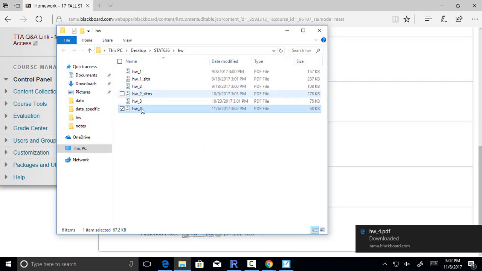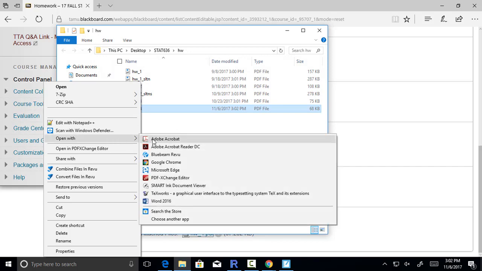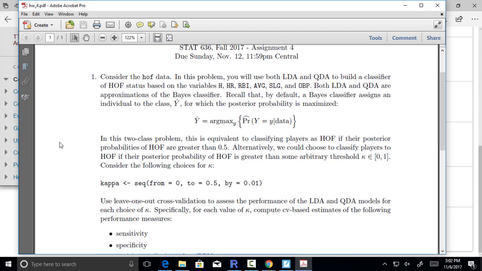So let me introduce you to the new assignment. It's a predictive modeling problem. So this statistical learning stuff. And I want you to use the baseball data we've played with and use 2 classification techniques.